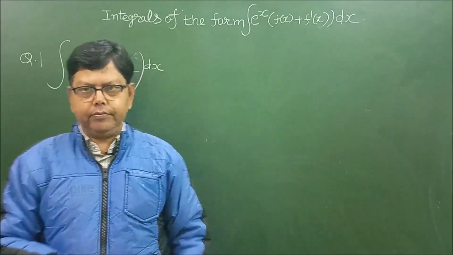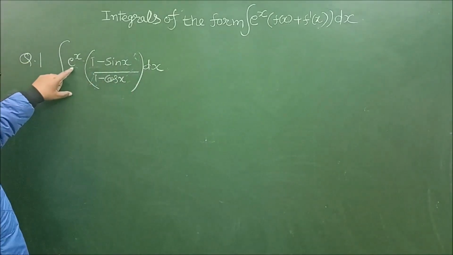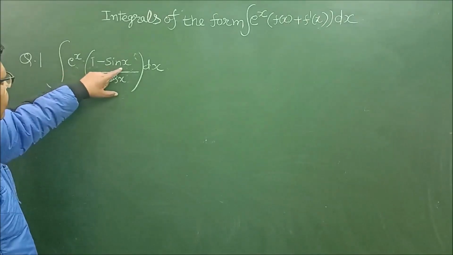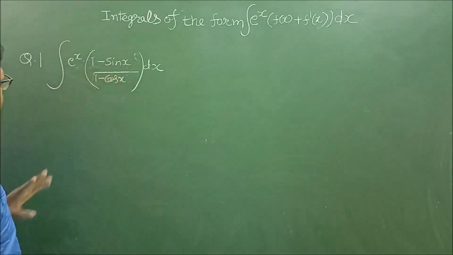Question number 1. Find the integral of e raised to the power x (1 minus sin x) upon (1 minus cos x) dx.